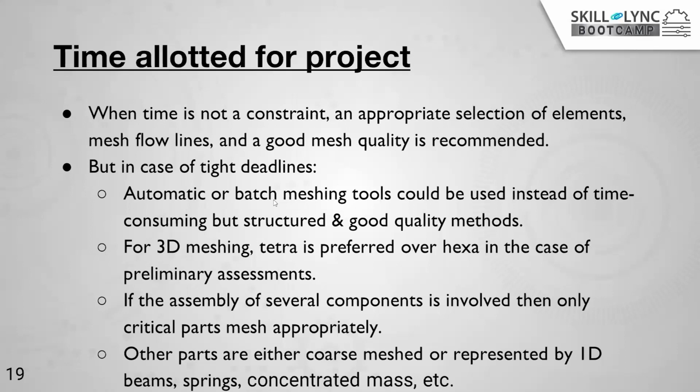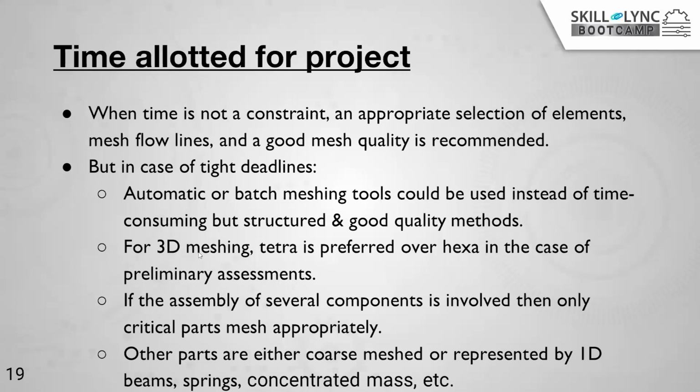These are some of the things you can follow. Instead of structured meshing, you can use the automatic and batch meshing tools in HyperMesh. If you're carrying out 3D meshing, brick or hexahedral elements are very difficult to mesh if the geometry is complex. In that case, you can prefer higher order tetra elements for preliminary assessments.